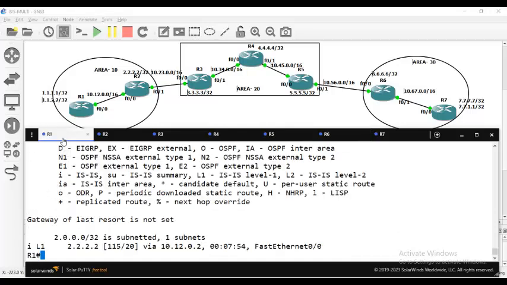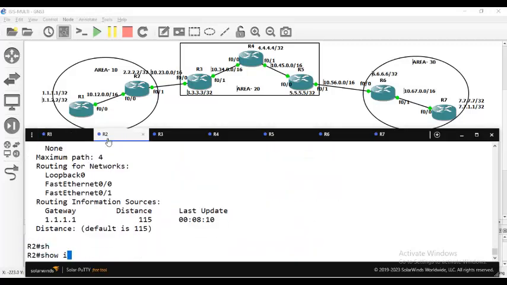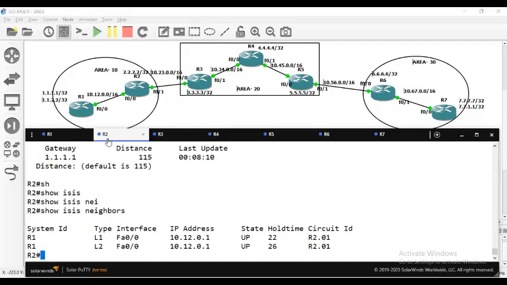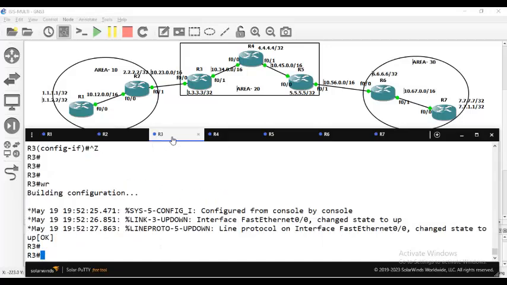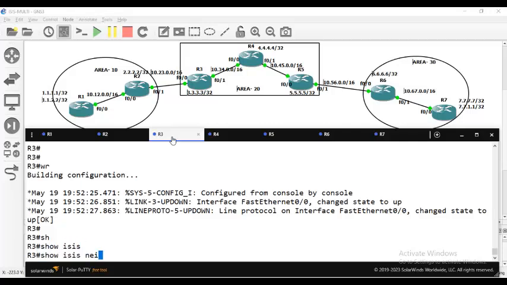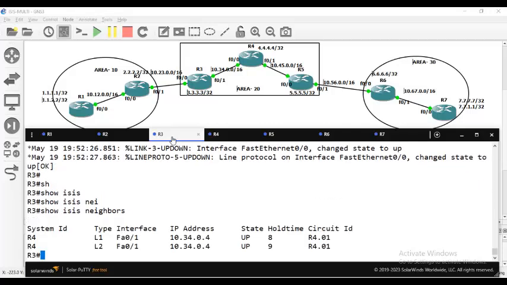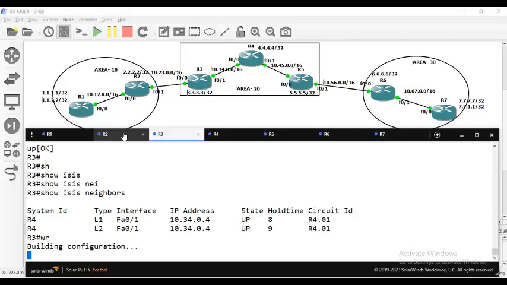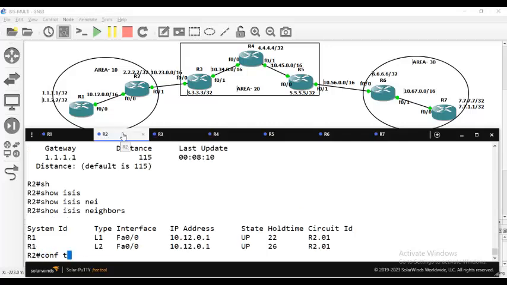I was using the loopback, no? I altered, that is why. Now you see it has come up. Okay, now go to R1, show IP route ISIS. You see all the routes.